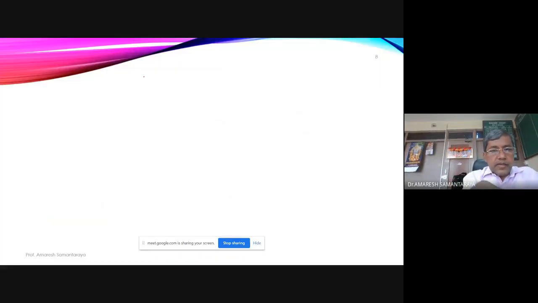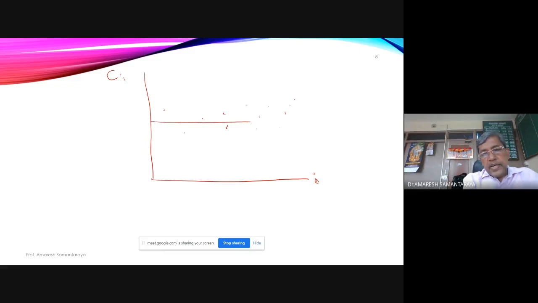Assume here we are putting individuals, and here we are putting consumption expenditure, Ci. Somebody's consumption may be here, somebody's here. Individuals' consumption patterns vary. Beta 0 will give their average consumption expenditure, but still ui will be there in the model to explain the variation of these actual values from the average value.